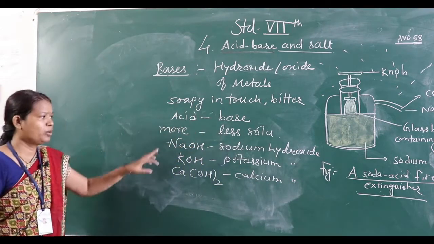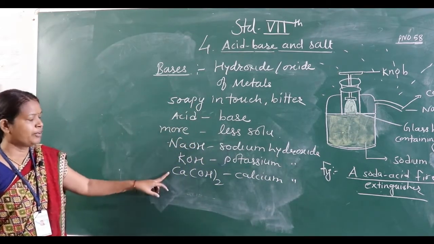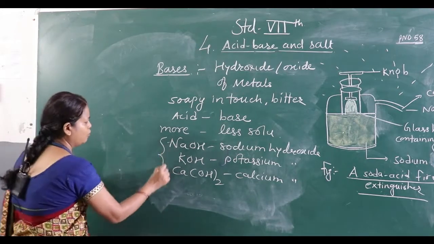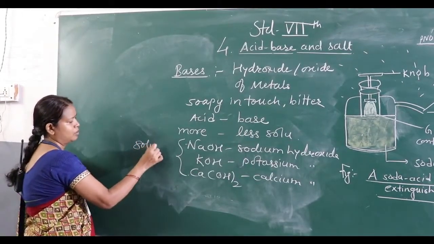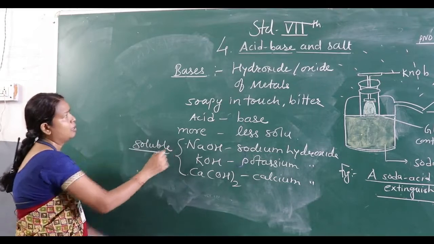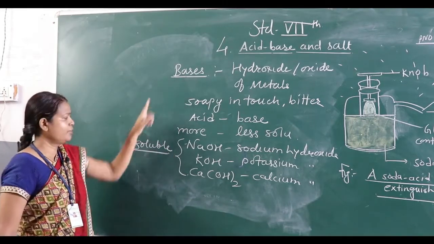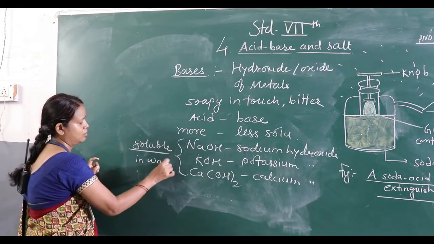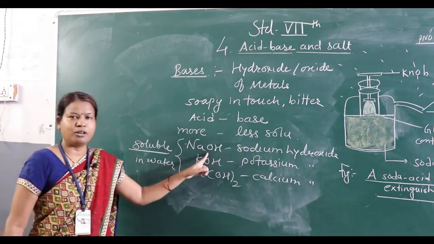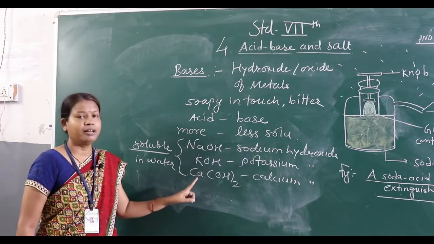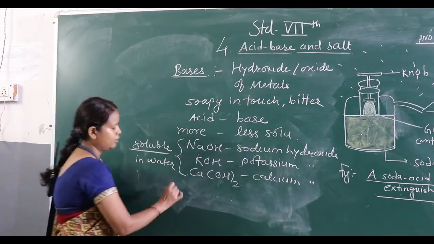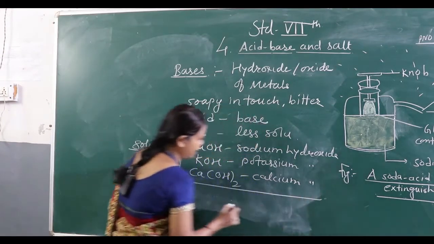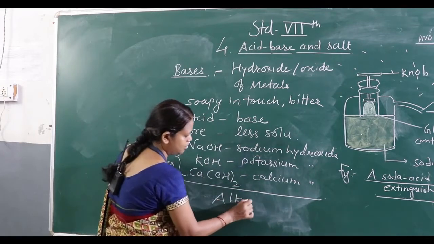These are the only few examples of the bases which are soluble in water. The bases which are soluble in water are sodium hydroxide, potassium hydroxide and calcium hydroxide, and all together they are called alkalis.